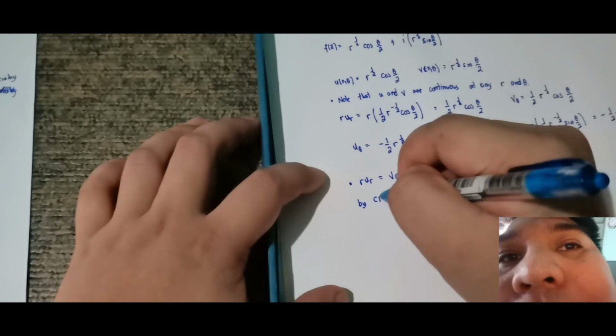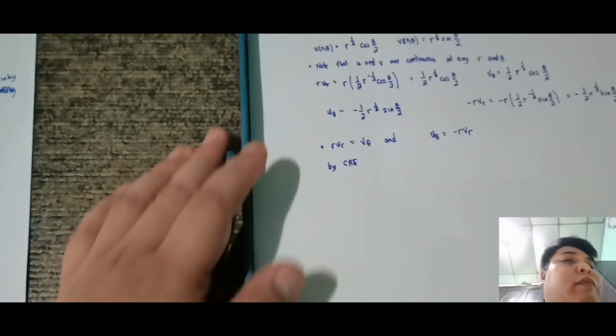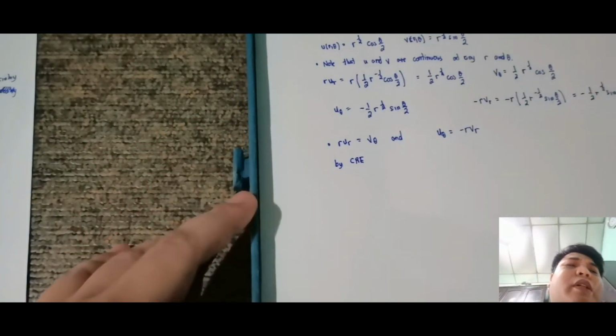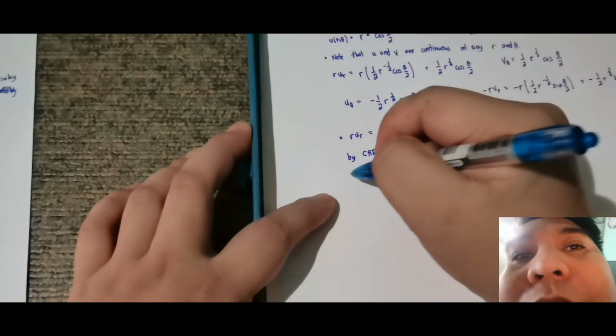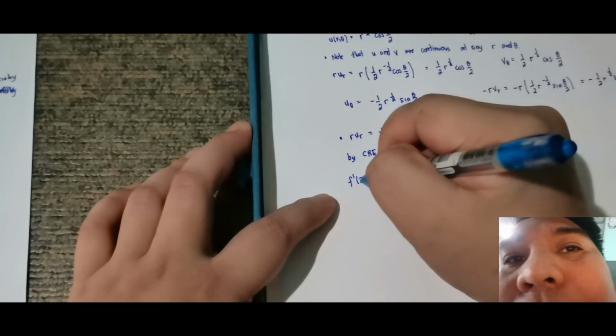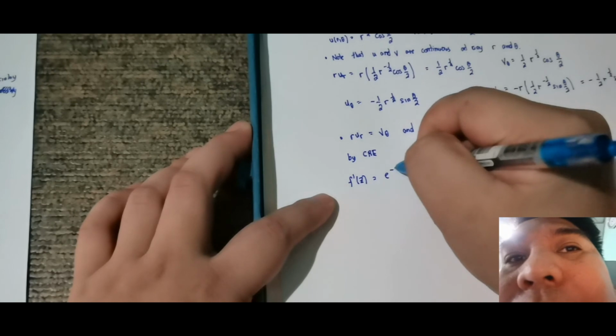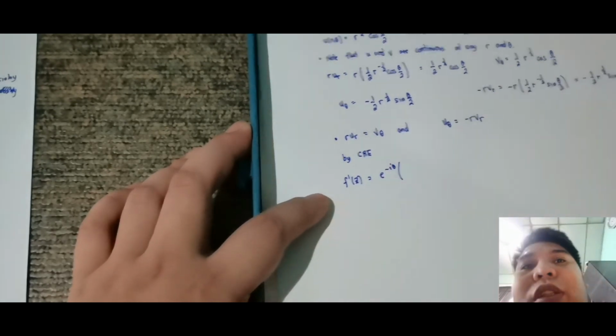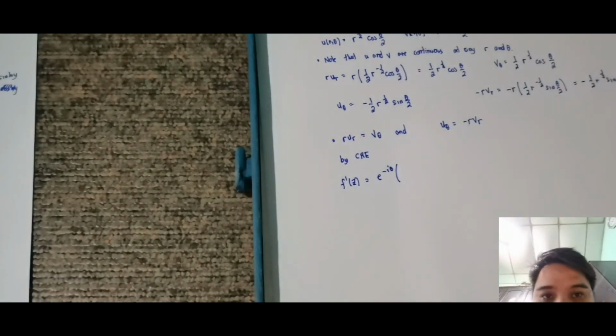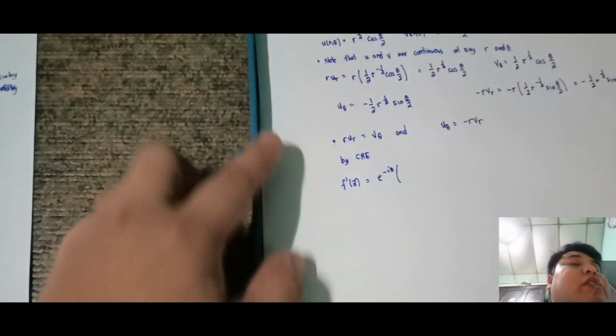okay, so anong gagawin natin by CRE? By CRE, this is f prime of z is equivalent sa e raised to negative I theta multiplied by partial of u with respect sa r. So, ito lang sa loob. Basta partial of u with respect sa r lang.